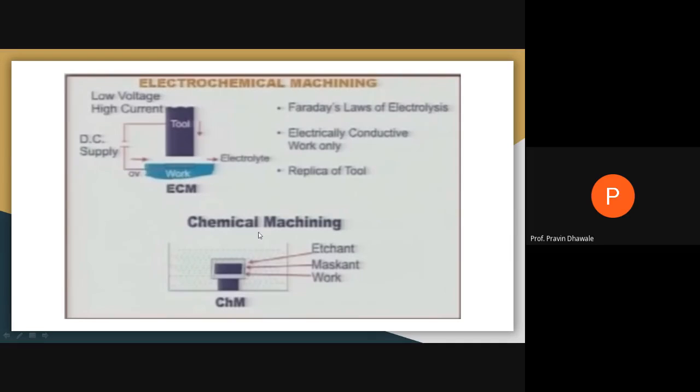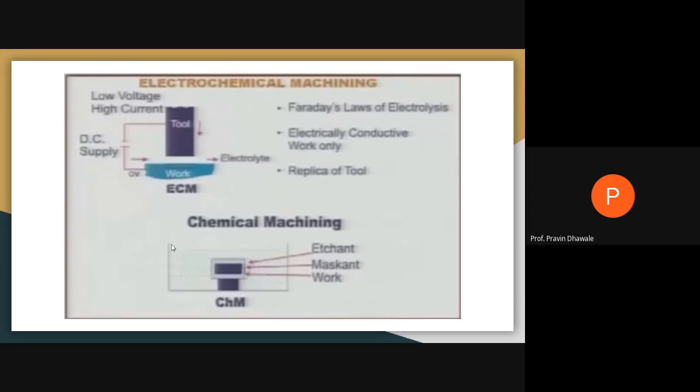Now the last type is the chemical machining process. In chemical machining, the portion of the workpiece from which you have to remove material is exposed to the chemical only. The chemical is nothing but the etchant. The remaining portion of the workpiece is covered with a maskant, the insulating barrier between chemical and the workpiece.